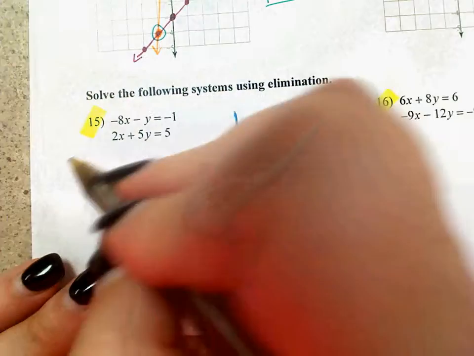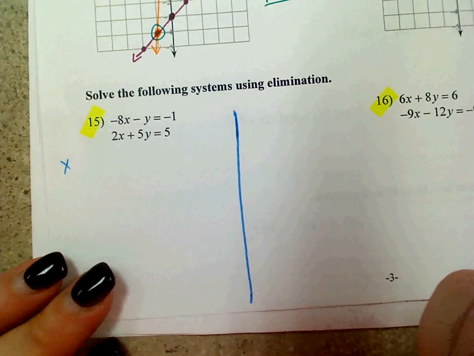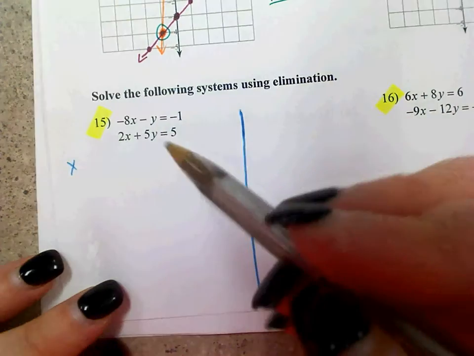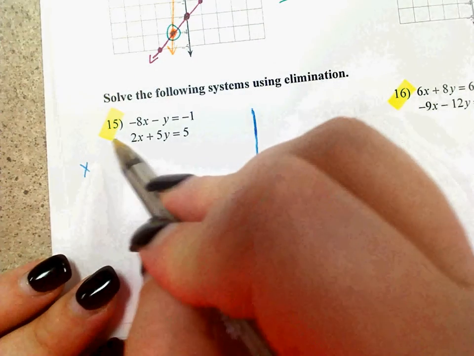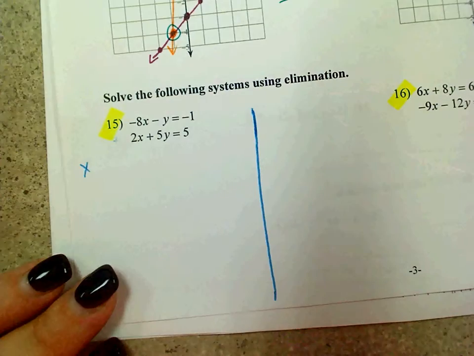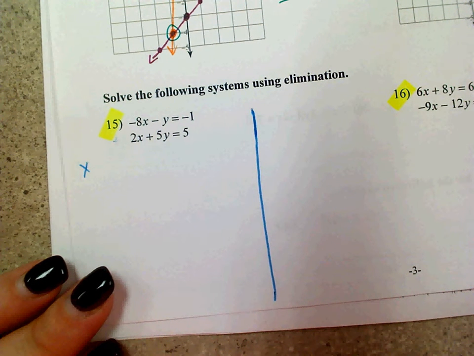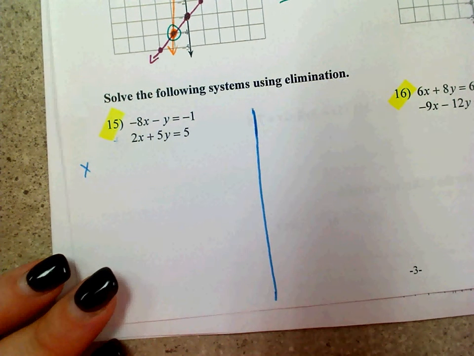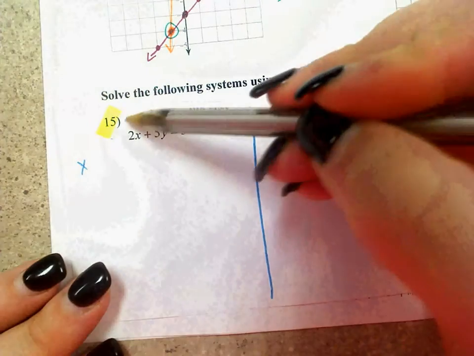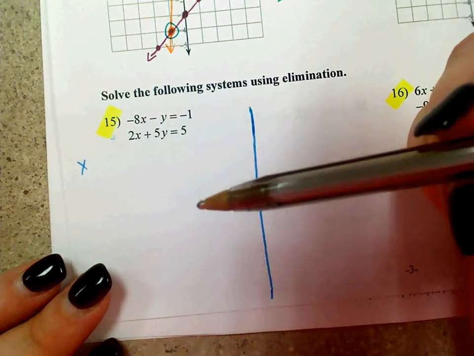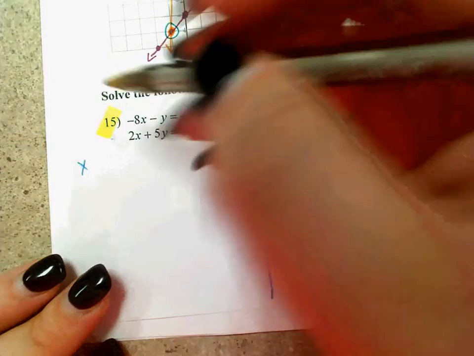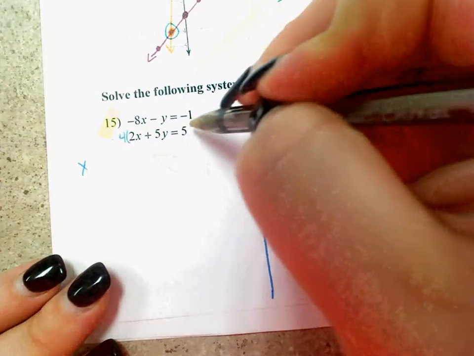Okay, so for this one, I'm going to target x, meaning I want to eliminate x. And with elimination, what you do is you end up adding the equations. The only way a variable is going to be eliminated is if the coefficients are the same number, but one's positive, one's negative. So I've got a -8 and a positive 2. 2 actually goes into 8. All I need to do is multiply this whole equation by 4.